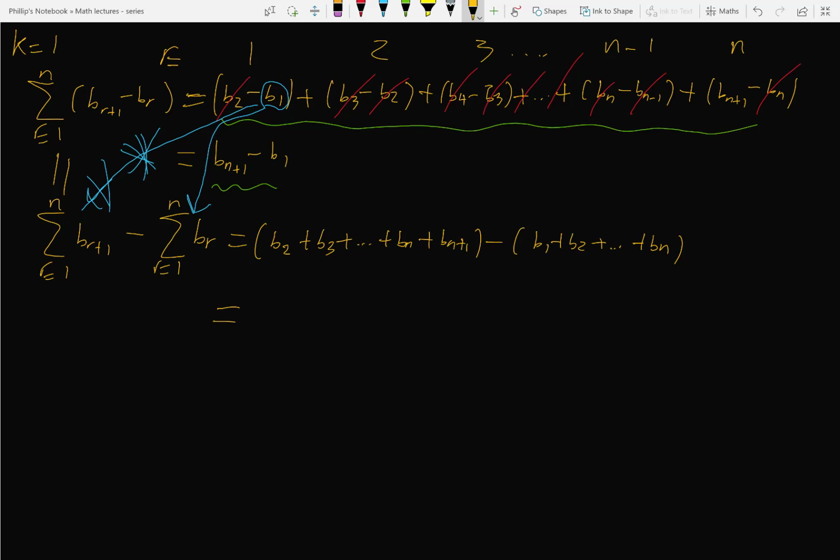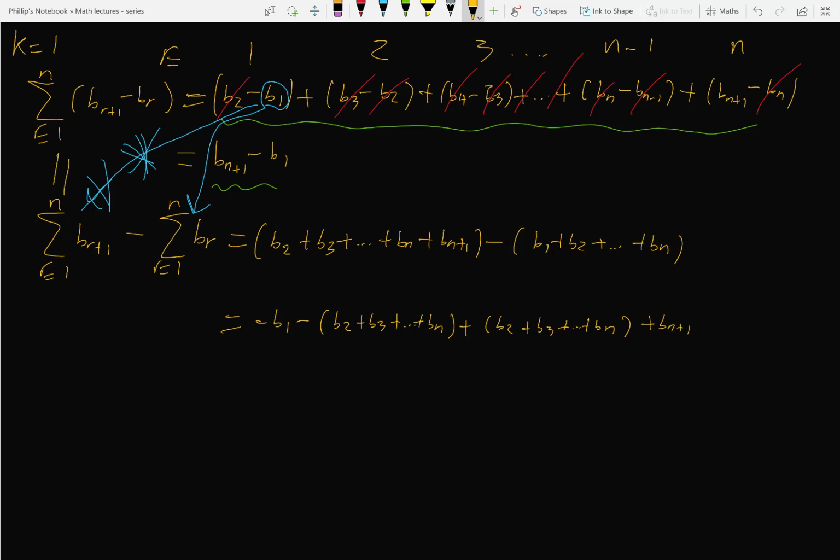We can write b2 plus b3 plus bn here, so minus b1 minus b2 plus b3 plus bn, so minus b1, all that, plus b2 plus b3 plus bn plus bn plus 1.